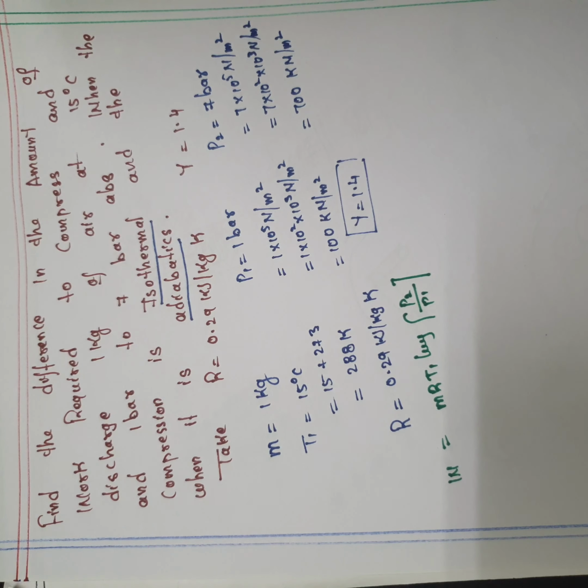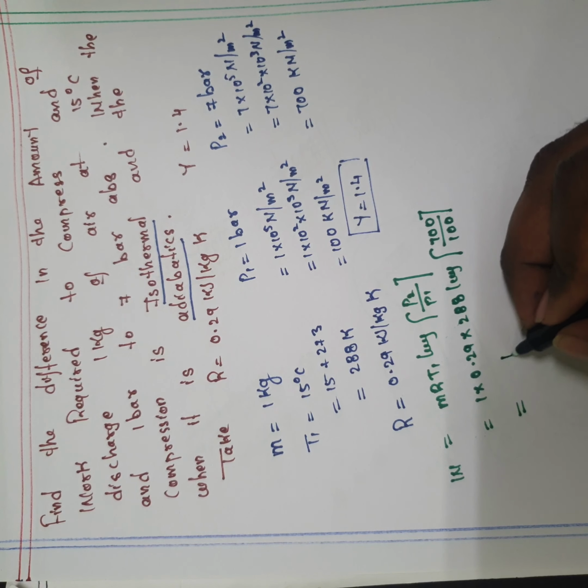Here you substitute the values: m is 1, R is 0.29, T1 is 288, log as it is, P2 is 700, and P1 is 100.